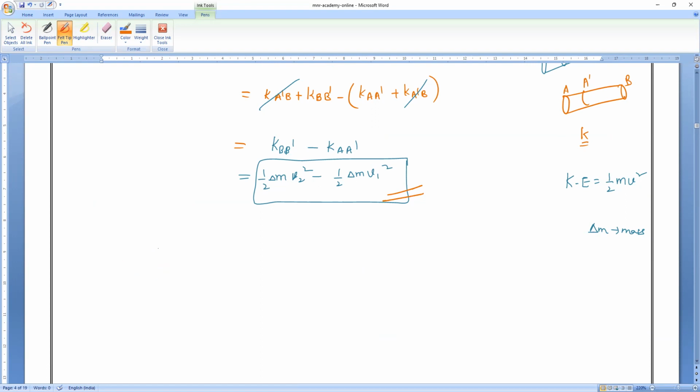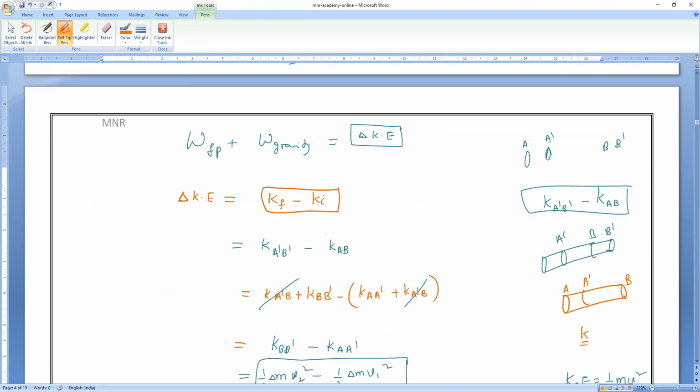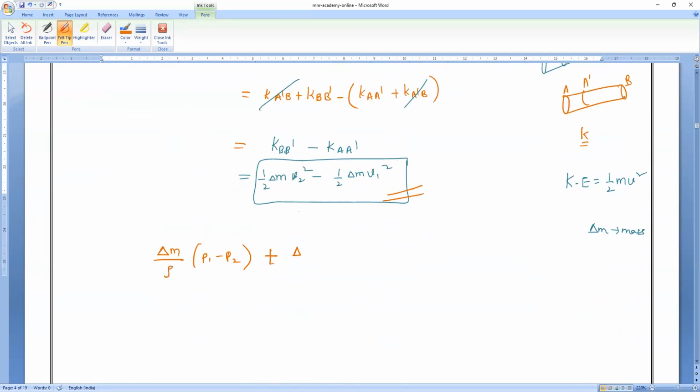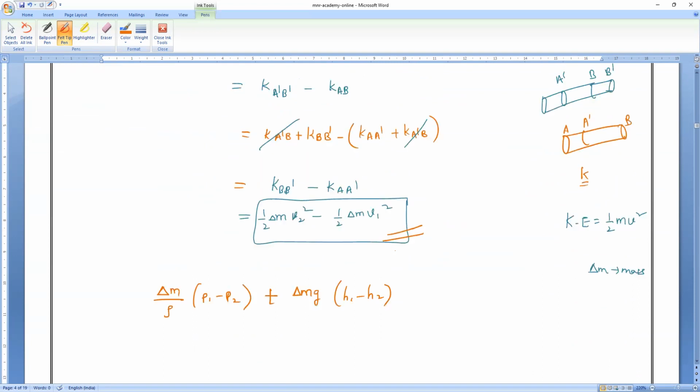Tell me one by one. Work done by fluid pressure is delta m by rho into P1 minus P2, plus work done by gravity. What is the work done by gravity? Delta m into g into h1 minus h2. Is it right?